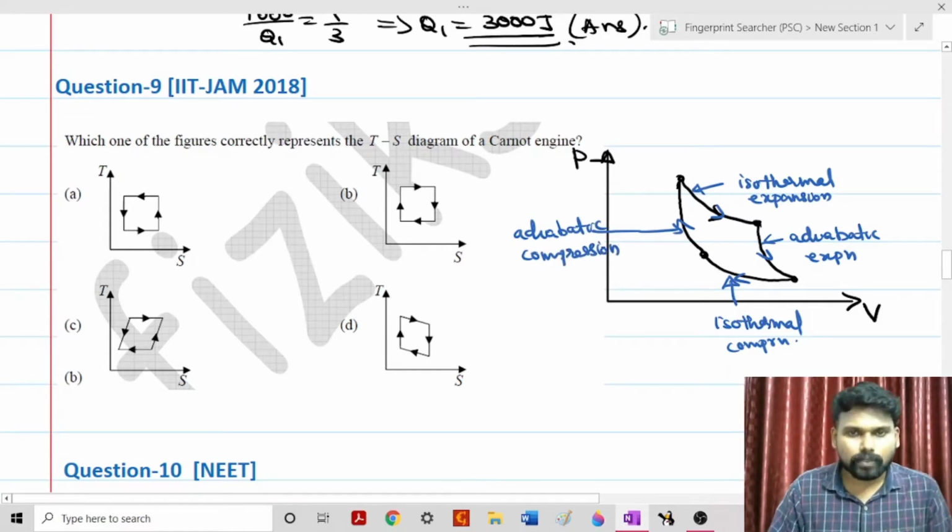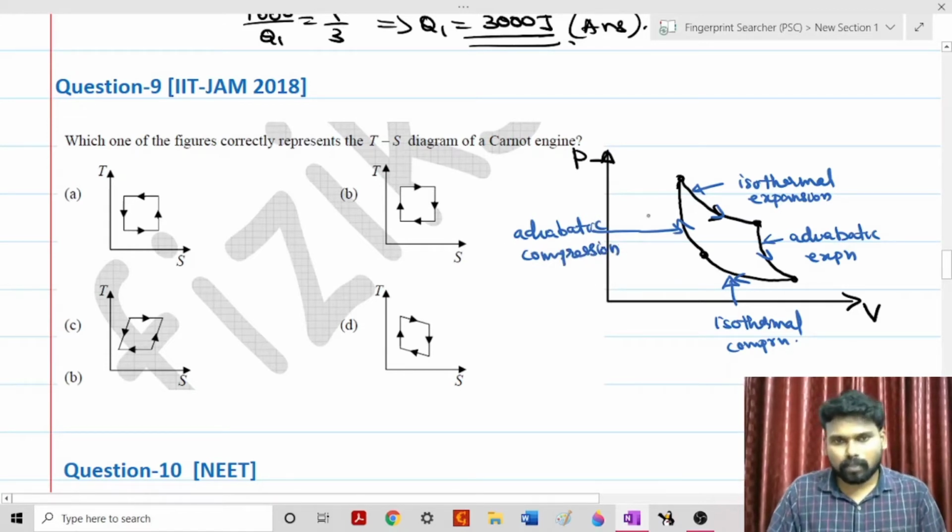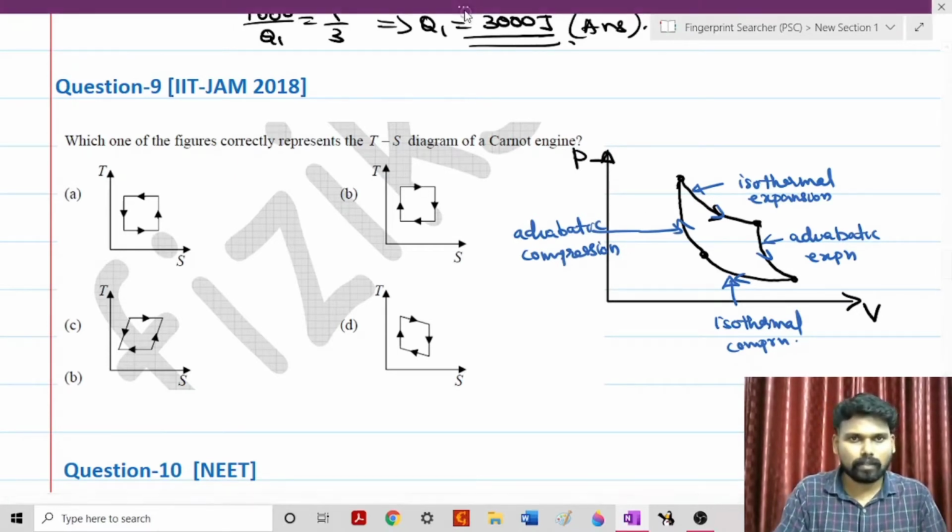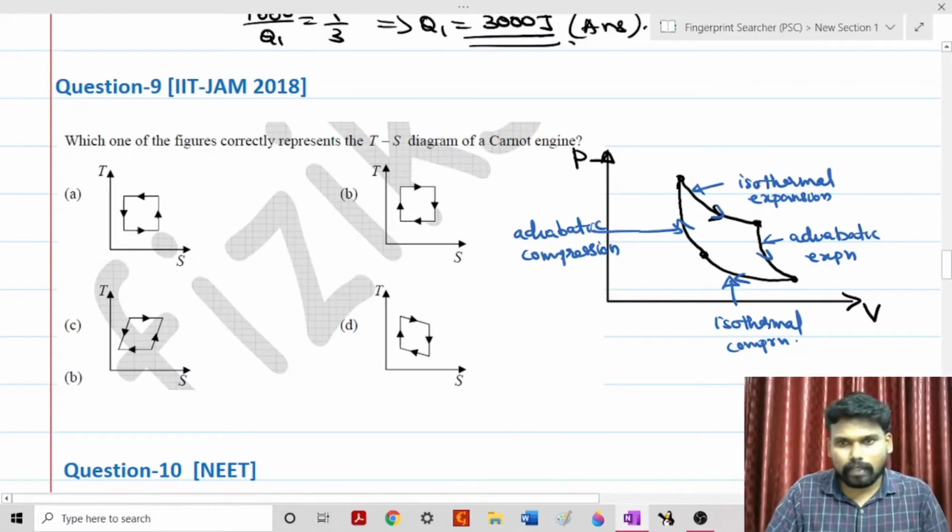Okay. So what should be the TS diagram? So we will check it in detail. In an isothermal expansion, what happens? In isothermal expansion, you know that T is constant. What happens to the entropy?